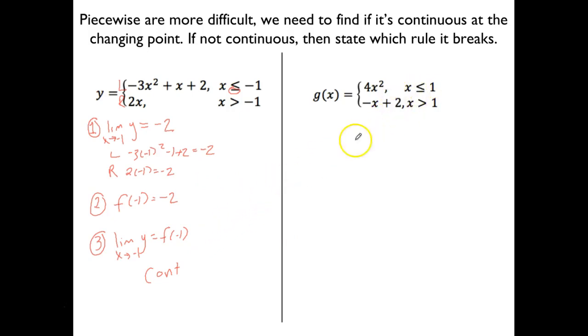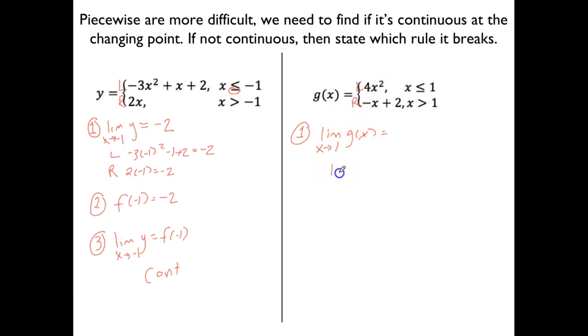Okay, let's check this one. First step. The limit as x approaches, we're checking 1 here, not -1, but 1, of our function g of x. Now if you notice, this is the one that we're going to use from the left, this is the one we're going to use from the right, because we're doing limits.